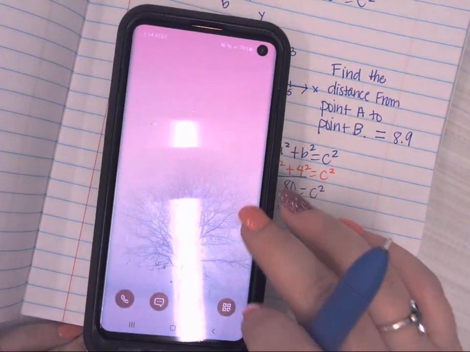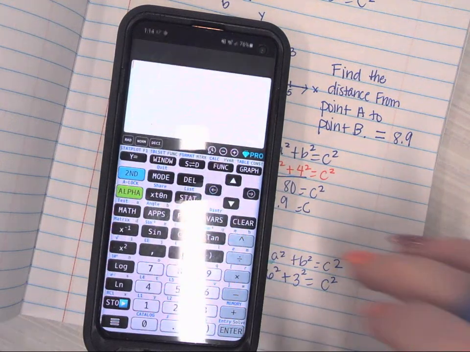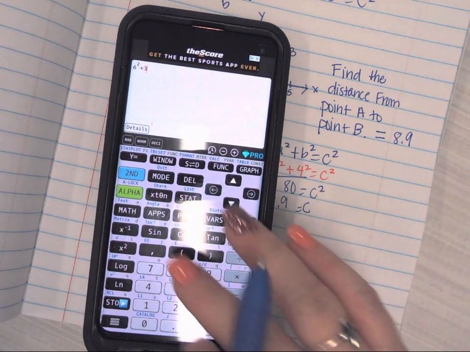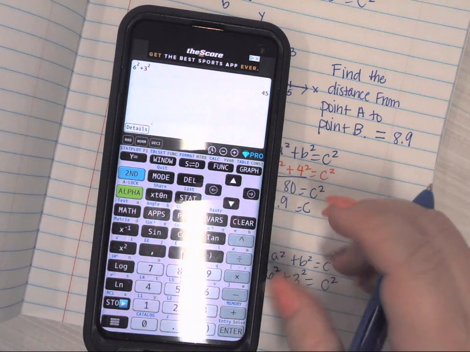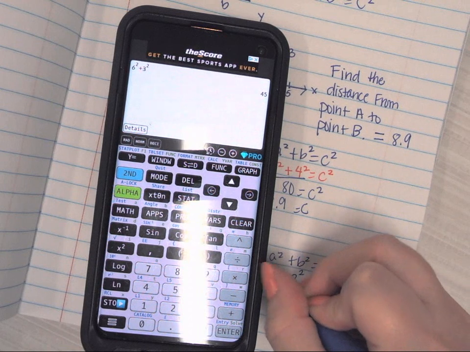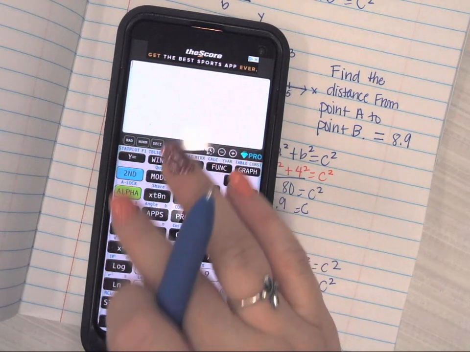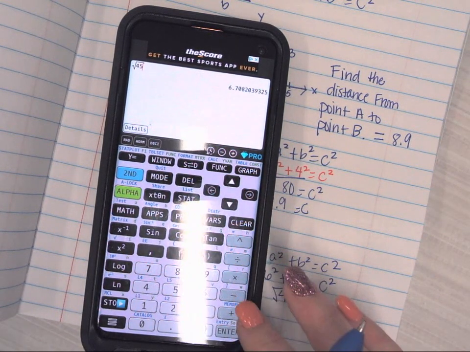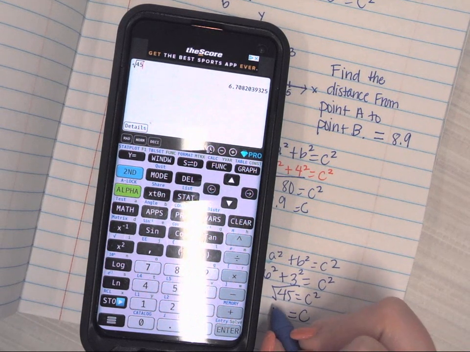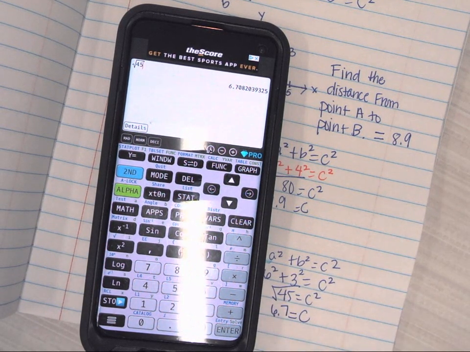In my calculator, I have 6 squared plus 3 squared is 45. It's equal to c squared. Take the square root of 45. So c, the distance from one point to the next, is 6.7.